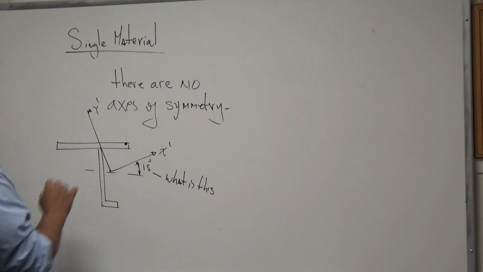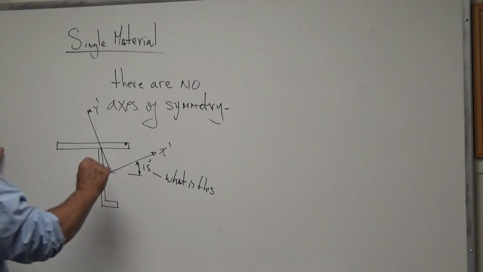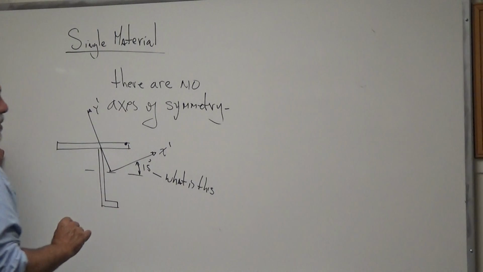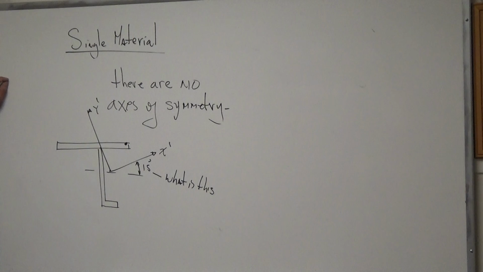And the stresses at any point, as I just explained before, is a question of superposition: the effect of the moment that is acting along x prime plus the effect of the moment that is acting along y prime. Okay?